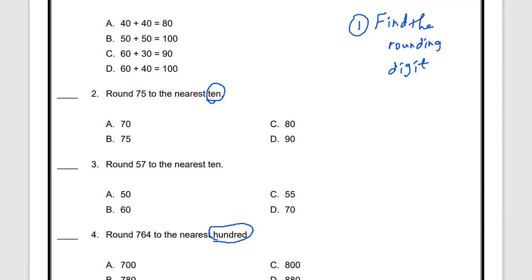And the second step is look at the digit to the right. The digit to the right should be strong or not strong.